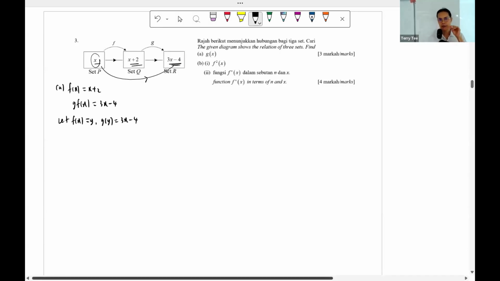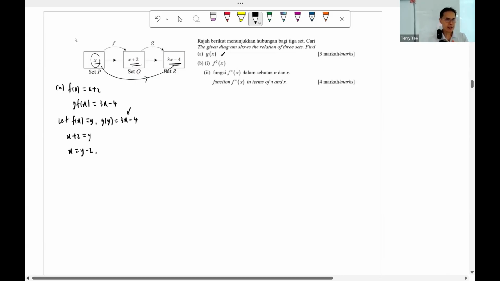Okay, guys, we're finding g(x). If you want to find g(x), I must first find g(y). So to find g(y), I go back to my f(x). Your f(x) is x plus 2. Remember, if you want to find g(y), you must change all this to y. Question is, x equals how many y? You go back to your f(x). Your x plus 2 is now y, so your x is now y minus 2.